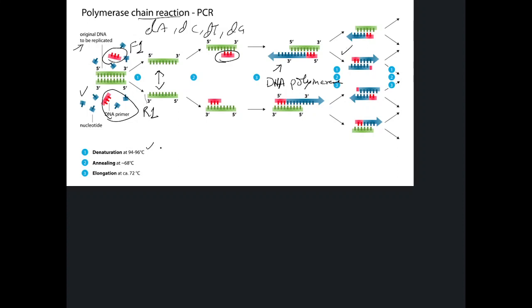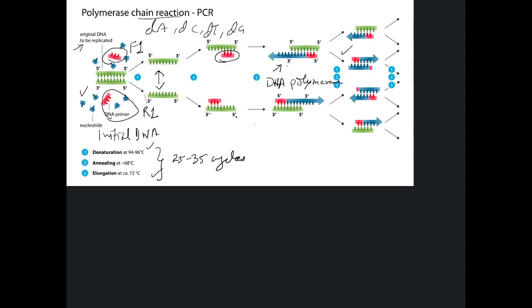So essentially there is an initial denaturation step where you basically separate the DNA. Then these steps, that is the denaturation, annealing and extension or elongation steps, are repeated for 25 to 35 cycles, and then your PCR is done.